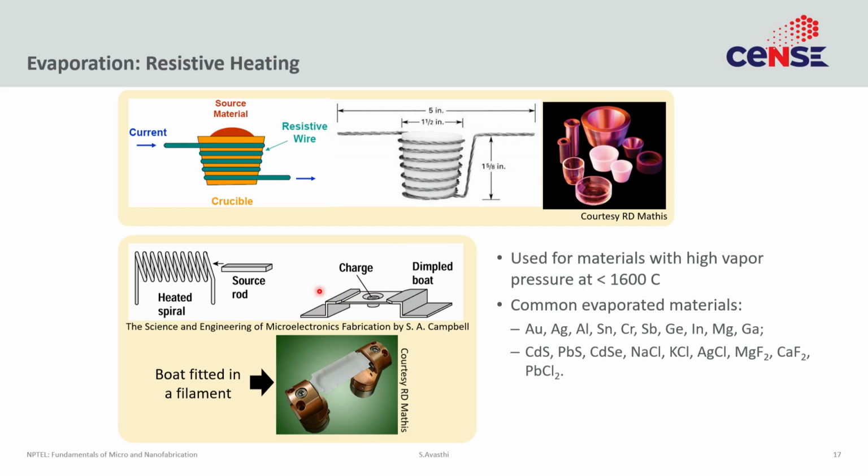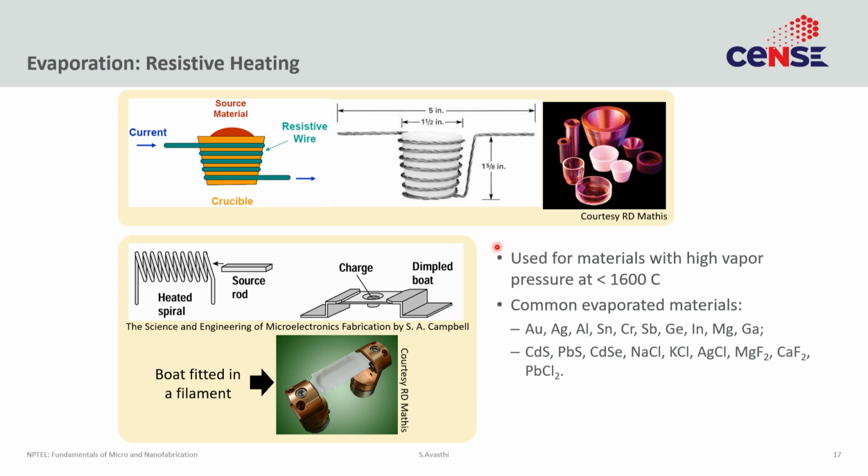So there are various ways in which these things come, and there's a lot of variety out there in trying to do different things. Which do you select? You make the selection depending upon properties. Several vendors will give out suggestions of, if you want to deposit metal, gold, please use this type of crucible and this type of filament or this type of boat. You typically don't want alloying to occur.